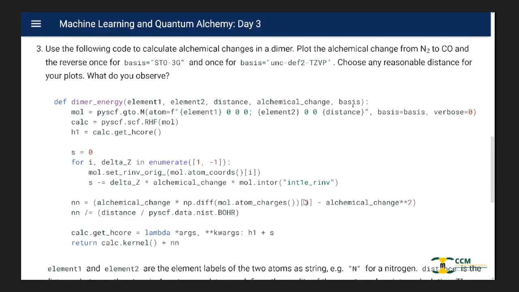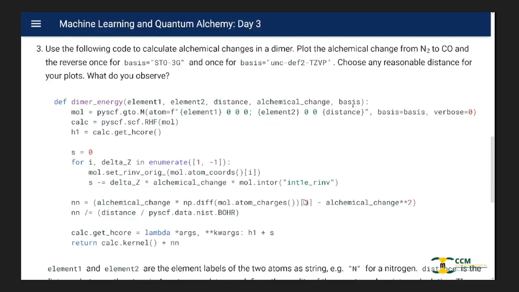Okay, so there's one additional parameter. So the element is the same, distance is the same, basis is the same as before. There's one more parameter, which is the chemical change. And what it does is what you see here.